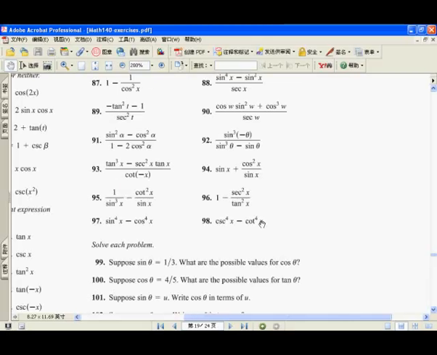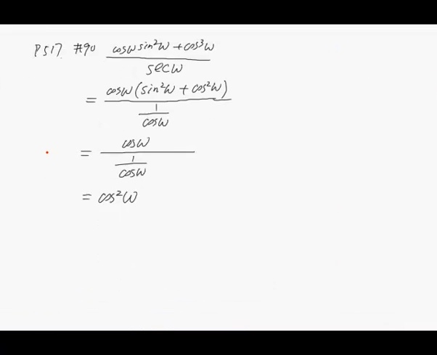Now let's look at problem 96. One minus secant square w over tangent square w. And as I just said, we like to replace the other four trigonometric functions with sine or cosine, right?